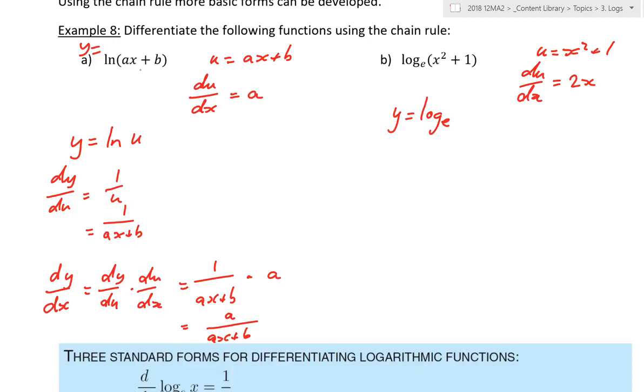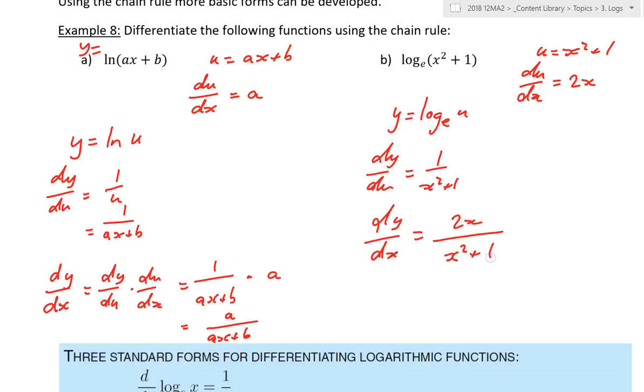Log base e of u, so dy/du equals 1 over x squared plus 1. That means du/dx is 2x, the differential of that part over x squared plus 1, just like that. Not hideously complicated.